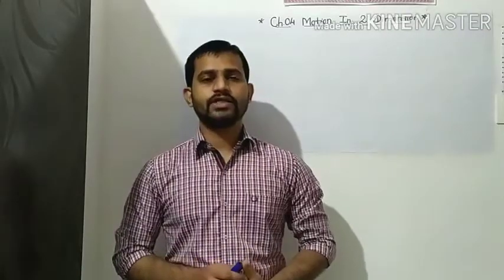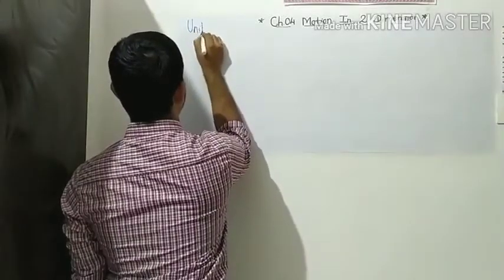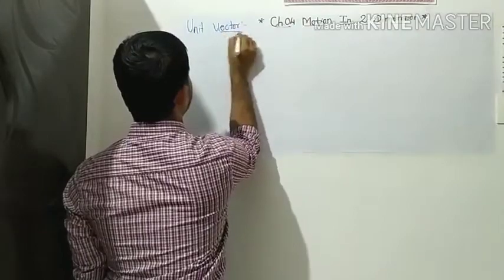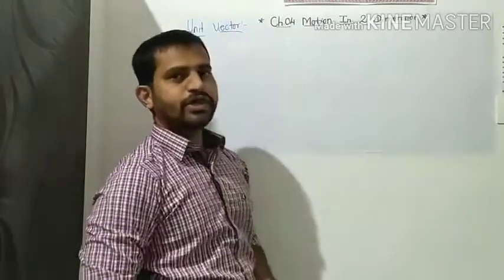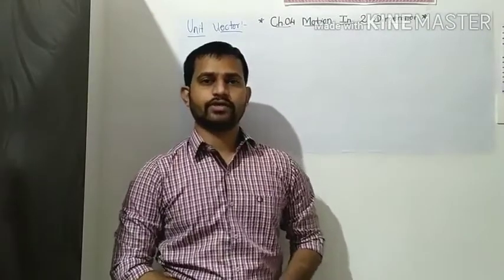So in today's lecture we have to learn about a very important concept in physics, that is the unit vector. So what is the unit vector? Why are we calling it the unit vector?